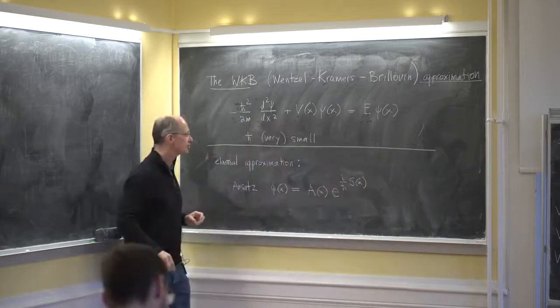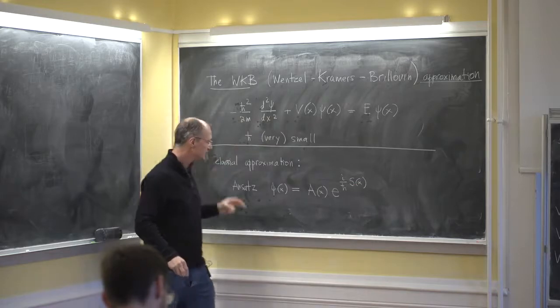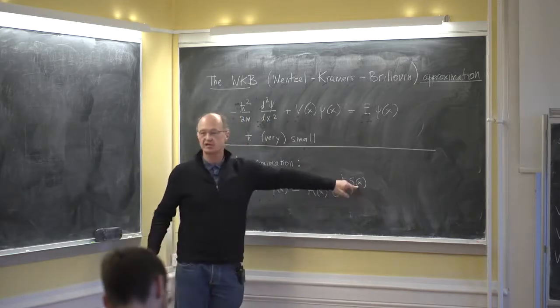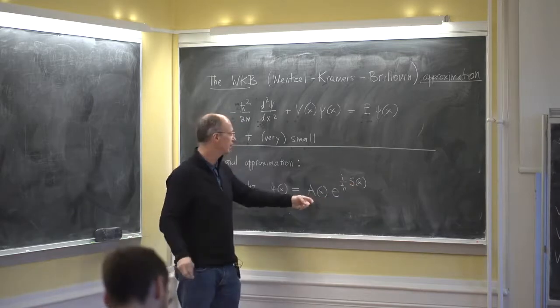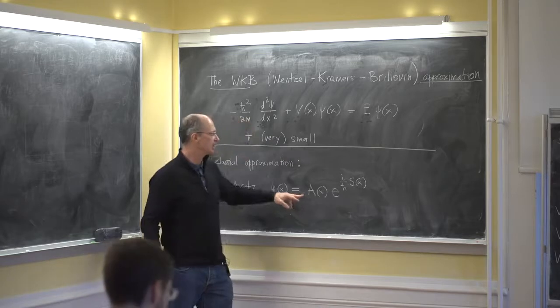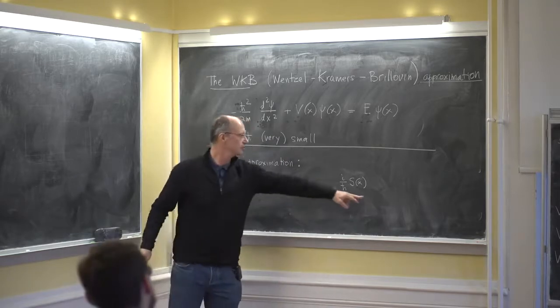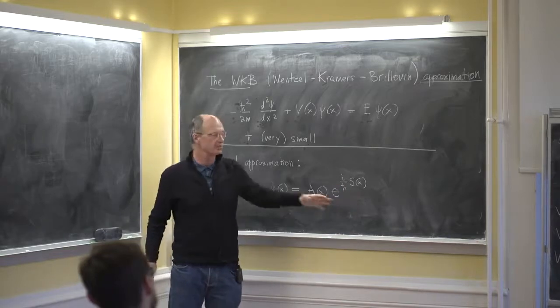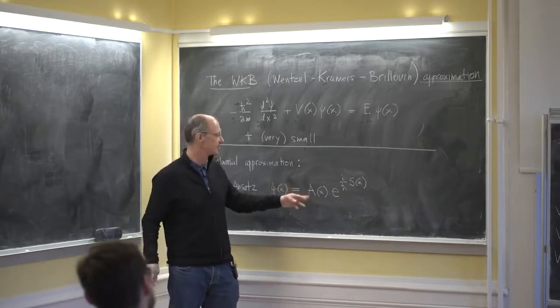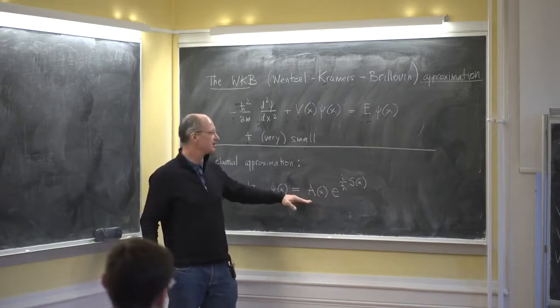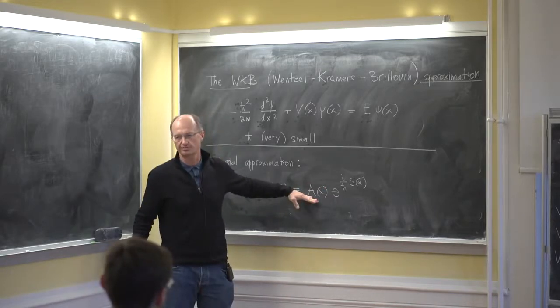I'll have two functions of x, a of x and s of x. S of x will be a real valued function, a of x more or less arbitrary, and we'll try to make an ansatz of this form. At the moment it looks a little bit meaningless because a of x is still anything, right? But we'll make it a bit more precise in a second.